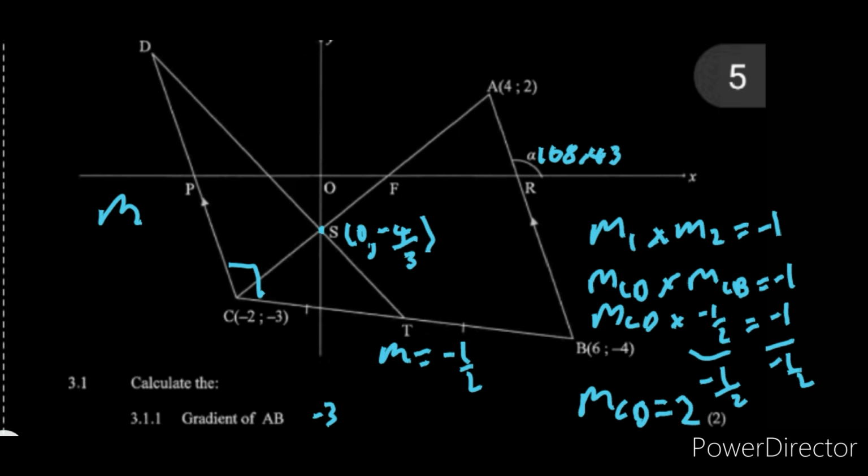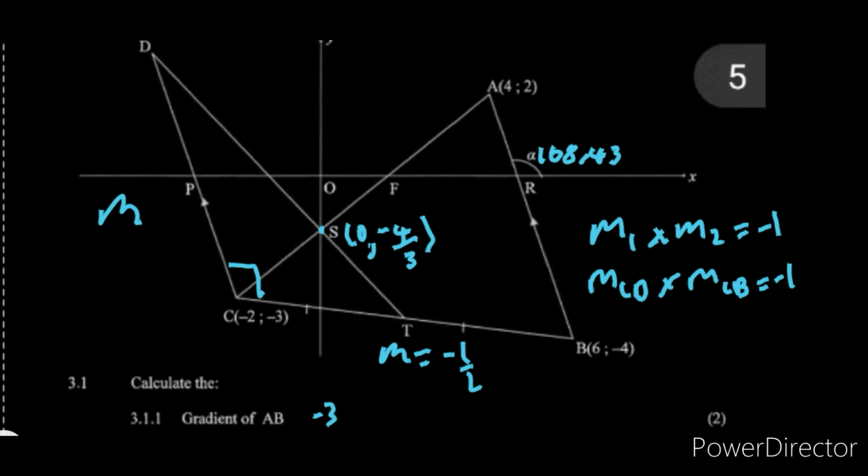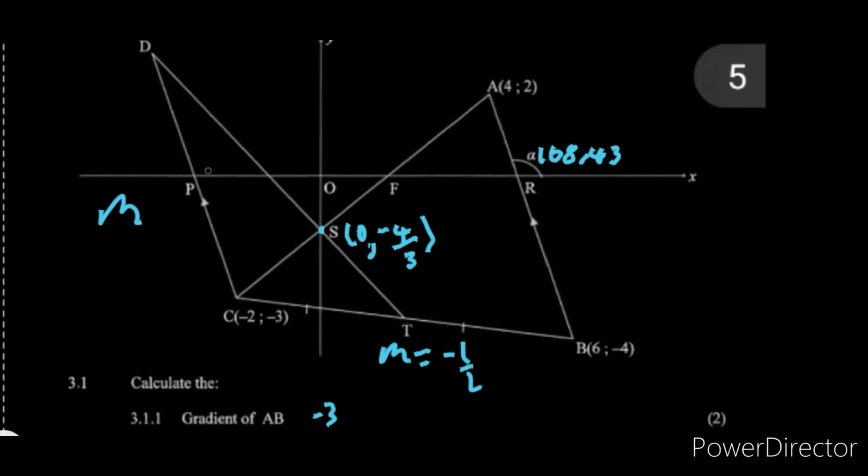So the other way of finding the gradient is to check if it is parallel to another line or if it is perpendicular to another line. So that is also not the only way of finding the gradient. For instance, they could have actually asked us, okay, let me just erase this stuff first. Let's just say we were given an angle here as 135, and we want to find the gradient of this line so that we can find the equation.